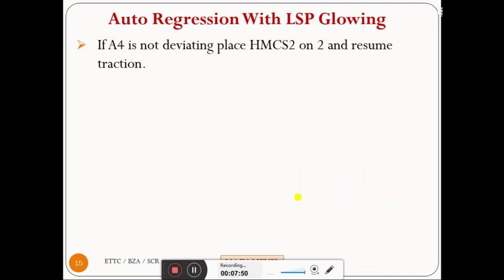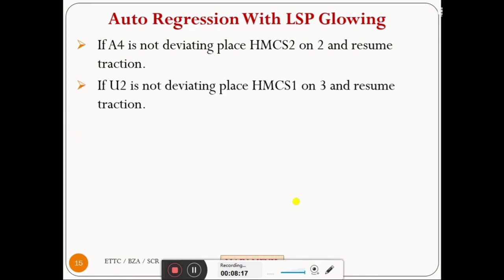If A4 is not deviating, which means there is open circuit, maybe line contactor not closing or any other open circuit on TM4 branch, which is causing QD2 to energize and causing this autoregression with LSP glowing. So keep HMCS 2 on 2 and resume traction.